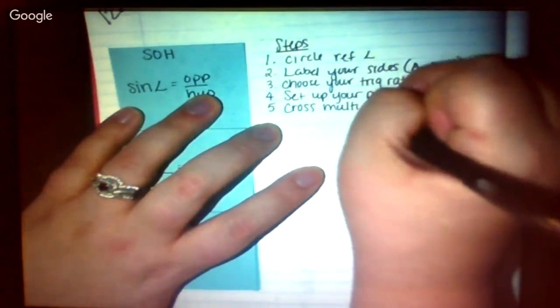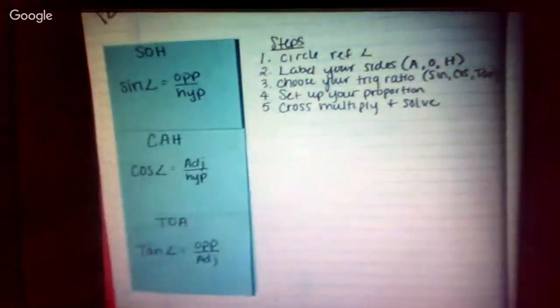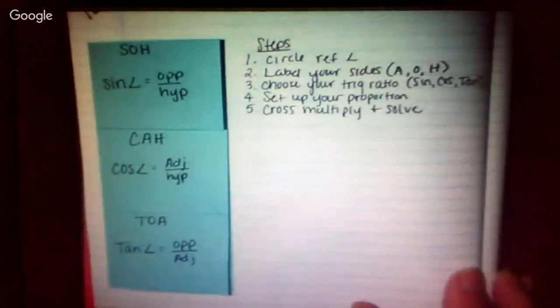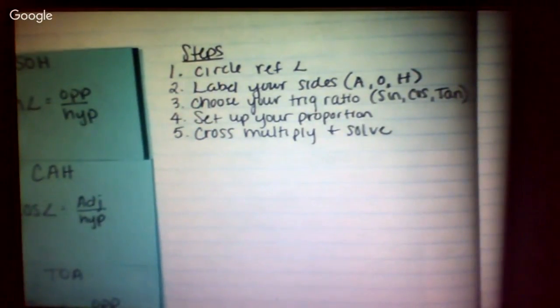Step 5, cross multiply and solve. Okay, so those were all of the steps that we just took to solve any one of those problems. It doesn't matter whether it's sine, cosine, or tangent. They are all the same steps.